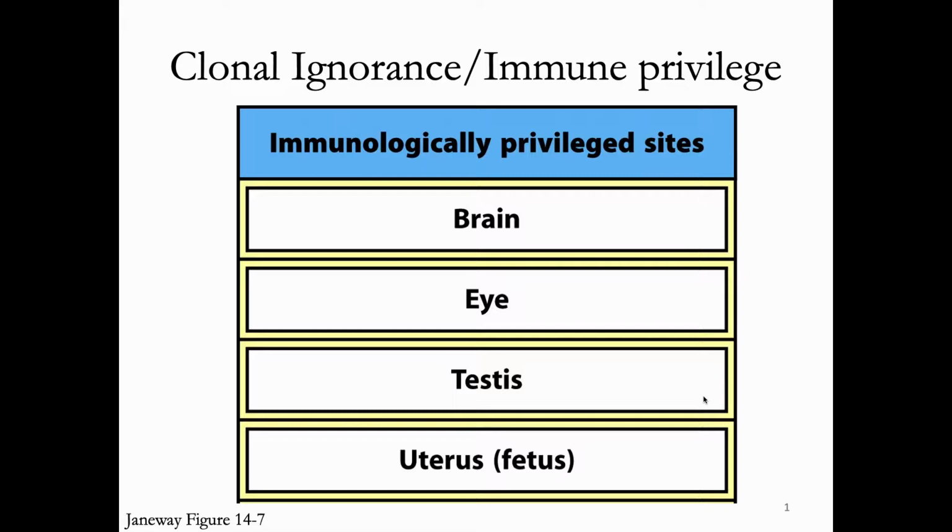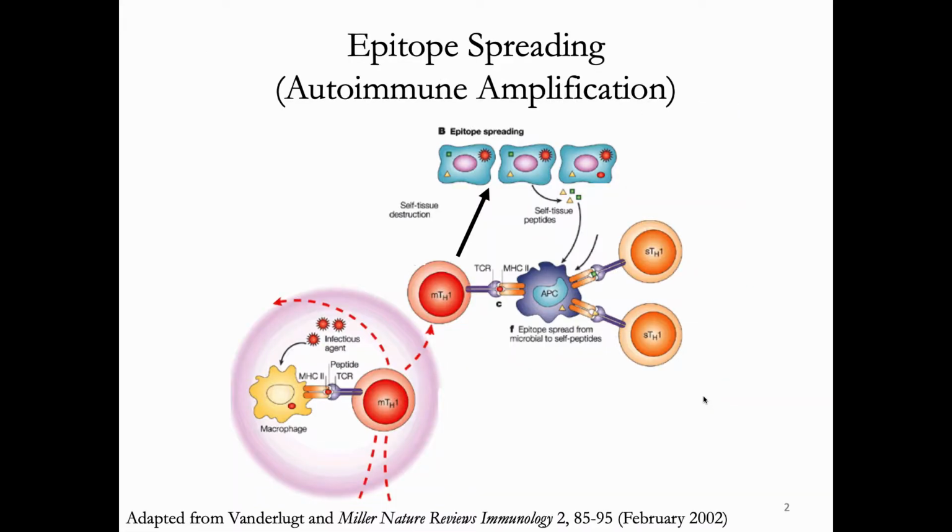But before I do that, there's one place where we do understand a fair bit about how some of this is working, and that's in a case of something known as epitope spreading. It can also be referred to as autoimmune amplification. Epitope spreading conceptually might be similar to sympathetic ophthalmia.